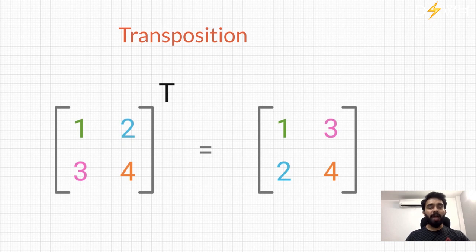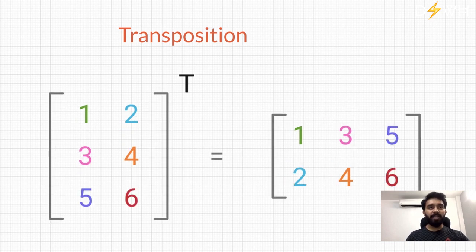Now if we do not have a square matrix, the idea would still remain the same. The row 1 comma 2 becomes the column here, and the column 1 3 5 becomes a row, and the same concept applies to the other column as well. You can see that the dimension here is 3 comma 2, a 3 cross 2 matrix, which has become 2 cross 3 on the right hand side.